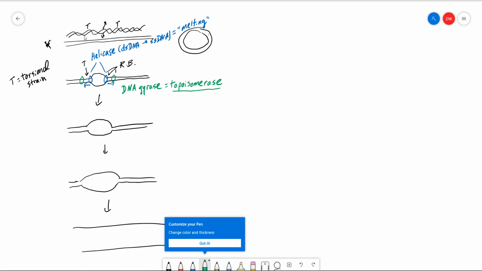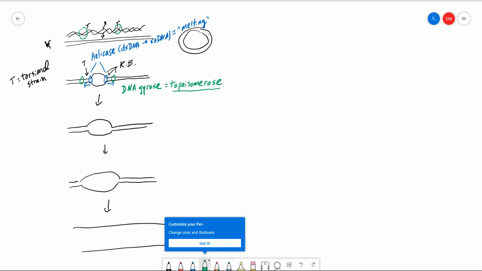So imagine again that we have this torsional strain built up here and here in this helical molecule. One way to release that strain would be to cut the DNA and then allow that torsional strain that's in that helix to just unravel, release that strain just naturally.